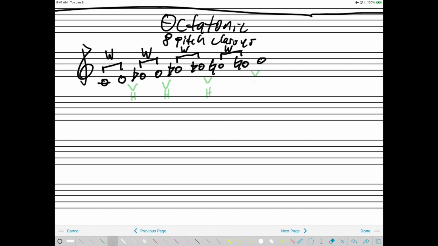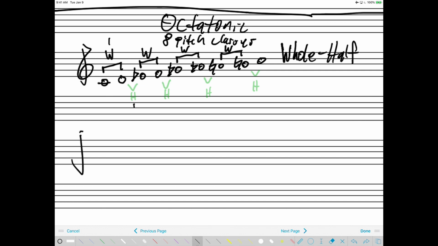So the octatonic scale here is going to be one whole step, followed by a half step, followed by a whole step, going up and down. Now, this model of the octatonic scale is known as the whole half scale, because it's a whole step followed by a half step.